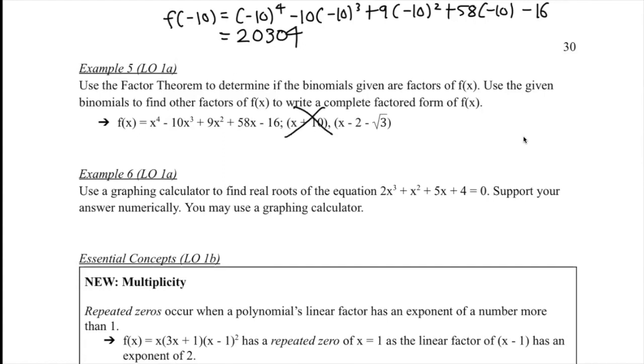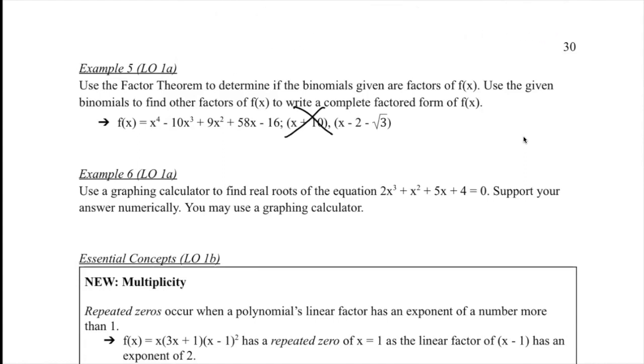Next, we're going to check if this is a factor of this. But noting that the polynomial function does not have any irrational numbers, we're going to use the conjugate theorem. So if this is a factor of this, then its conjugate is also a factor.